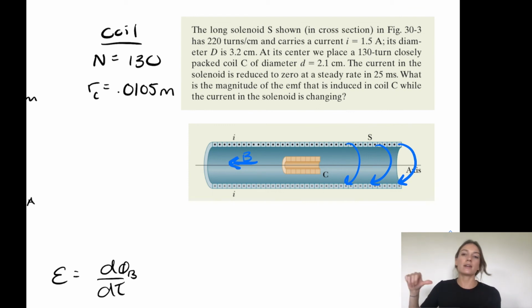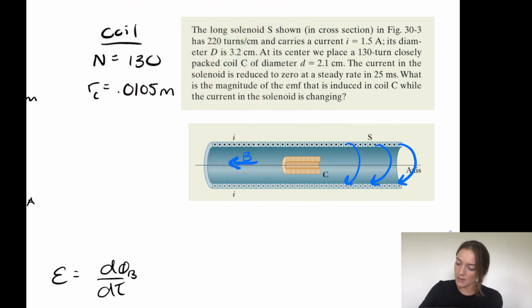So if that current is decreasing, that means the magnetic field is decreasing, and the magnetic flux through that inner coil is decreasing. So it's going to induce an EMF in this inner coil to supplement that decreasing magnetic field. So just like in our previous problem, you would end up inducing a current in the same direction.